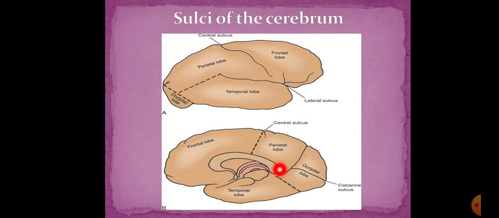Another sulcus is present on the medial surface and extends with small expansion in the superior surface, known as the parieto-occipital sulcus. From its name, it separates the parietal lobe from the occipital lobe.